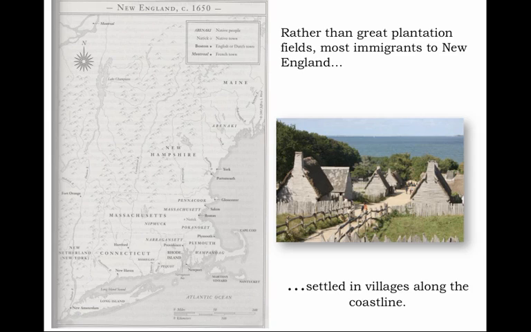So again, it's a kind of collision of different cultures, English Puritan and Native American, that will lead to very pronounced conflicts, not only the Salem trials famously, but great wars between the Puritans and the native peoples.